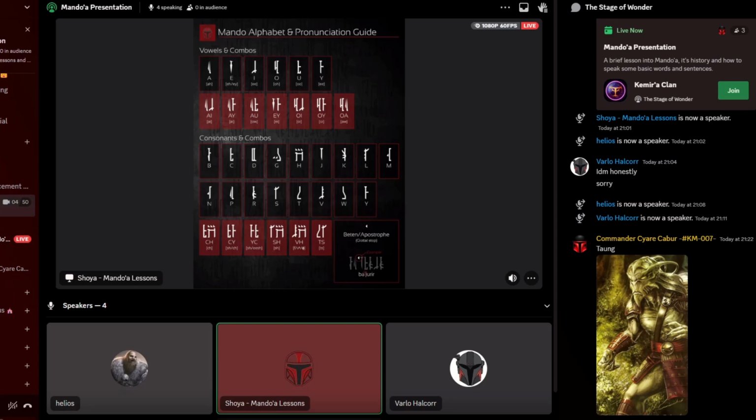Same for A and Y because it's the same vowel sound, but same exception. This exception is also baked in. So, for example, teil, teilir is to hold, and you'll hear people say tile or you'll hear people say tail because it's spelled T-A-Y-L.